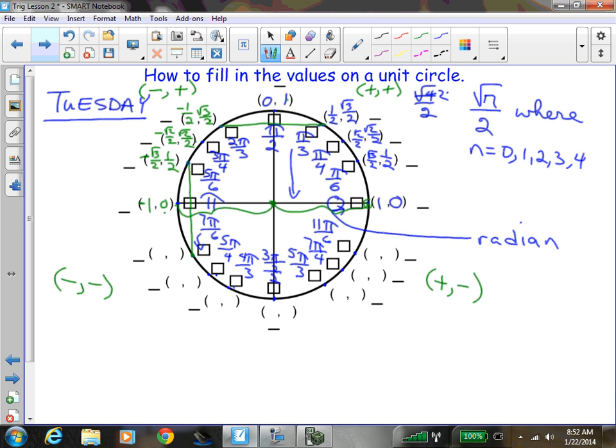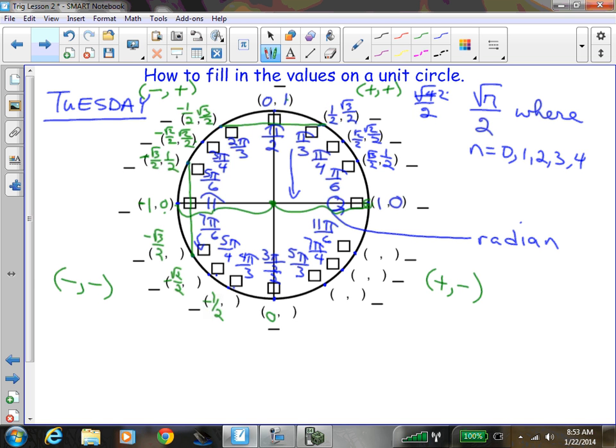So since it is, they're going to have the same x coordinate, so this is negative square root of 3 over 2. But now, once you get a start here, remember, if you have a 1 and then a square root of 3 over 2, you're going to get a square root of 2 over 2. You're going to get a 1/2. We just have to remember they're negative, and then here we get a 0.